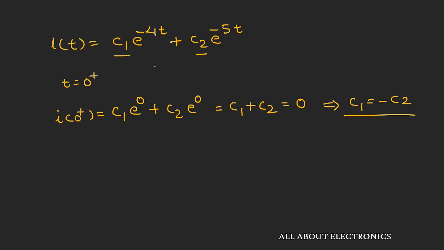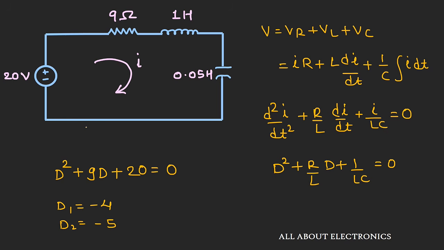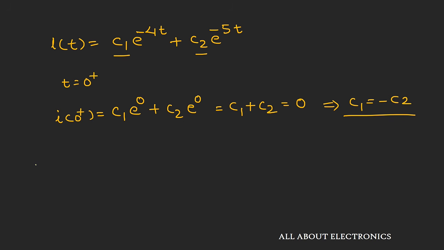Now to get the values of C1 and C2, let's apply a second initial condition. At time t equal to 0 plus, this inductor is open circuit because it opposes the instantaneous change of current. So the entire 20 volt will appear across this inductor. As we know, the inductor voltage VL can be given as L into di by dt. That is, 20 is equal to 1 Henry into di by dt at 0 plus.